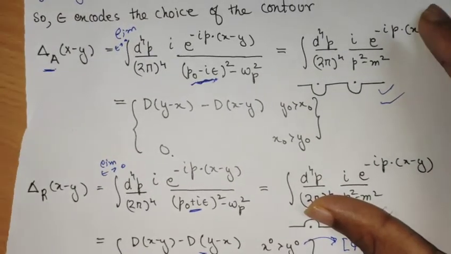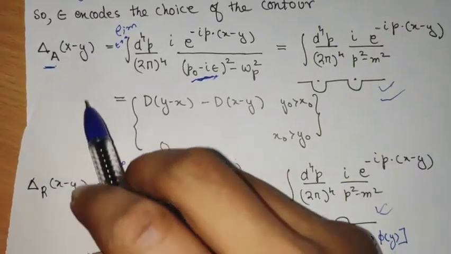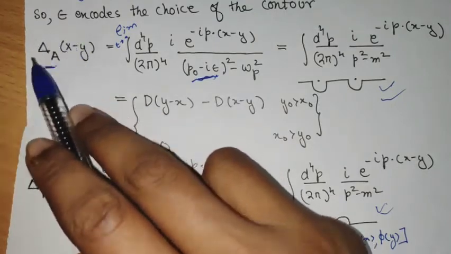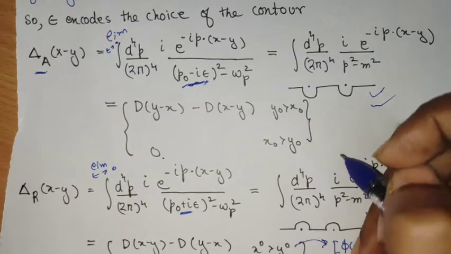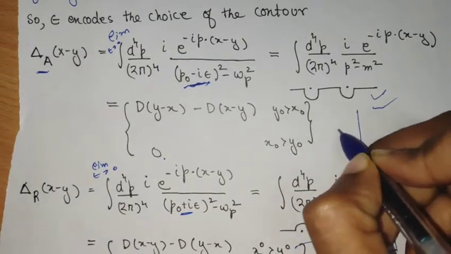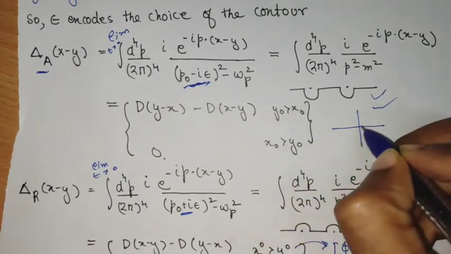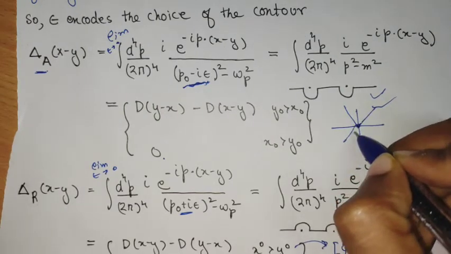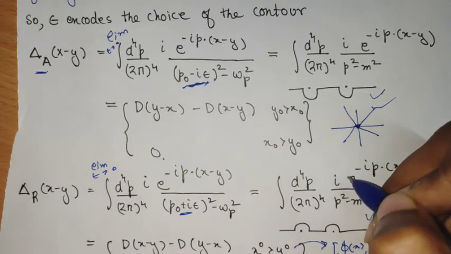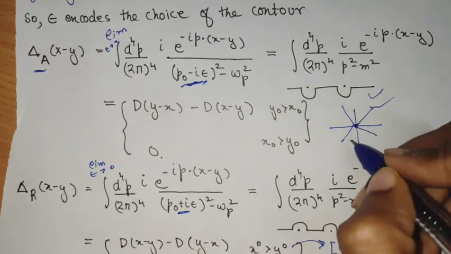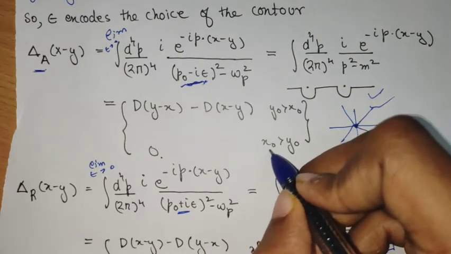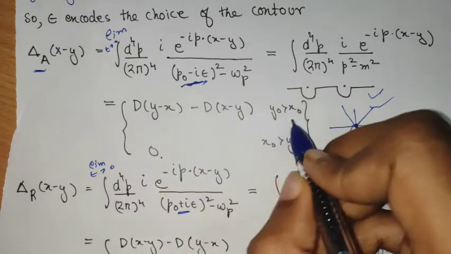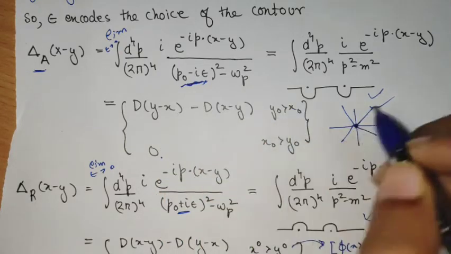One important thing now is, you see, this particular function, which is the advanced Green's function, if we suppose look at a light cone fixed at a point y, it looks something like this. Now what you can see is that for all time intervals that are greater than y0, this is 0, but for less than y0, it is non-zero.